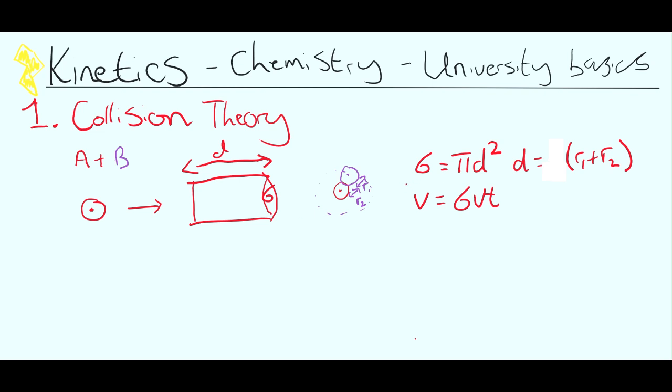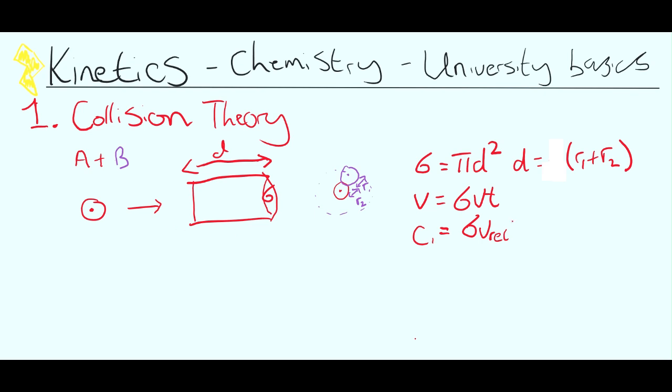So quite simple there. Now we can look at the number of collisions that a particle of A is going to have with particles of B as it travels through this collision volume. We'll call this C1, collisions, and it is equal to the collision volume, where v is our relative velocity. Now, relative velocity is different to absolute velocity of each of the particles, and we can cover this more in a specific gases video.